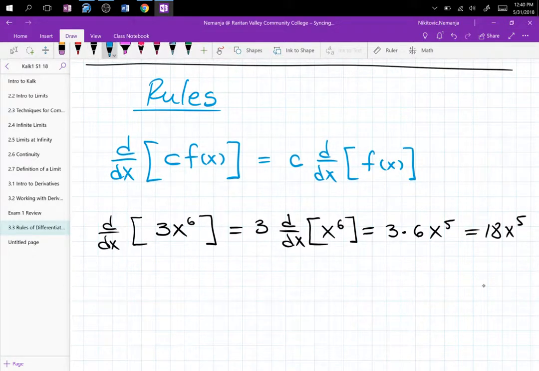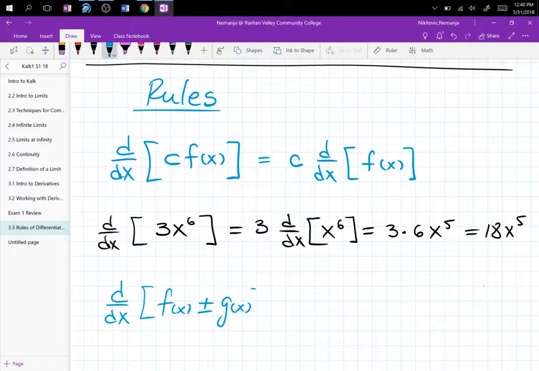The next rule is also very important. It's actually 2 rules in one, which says that the derivative of a sum or difference of functions is the sum or difference of the derivatives. So if I have f of x plus or minus g of x, it works for both.